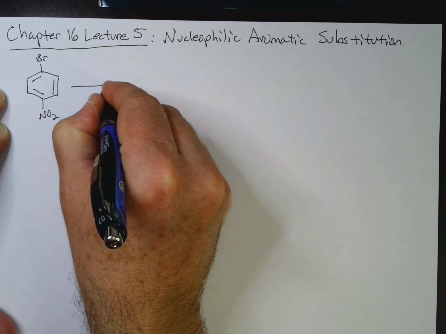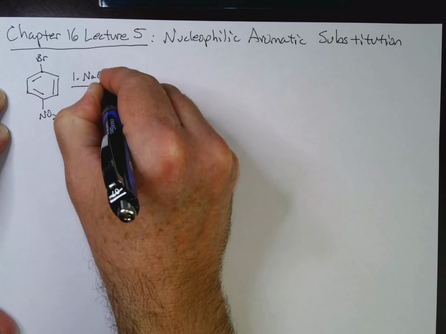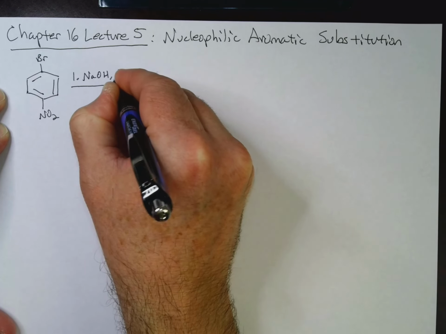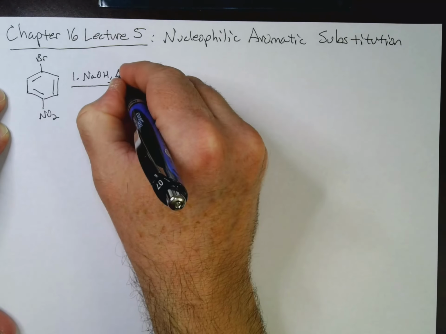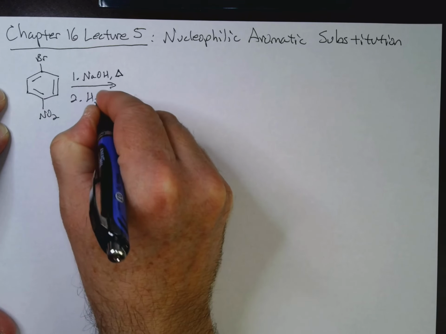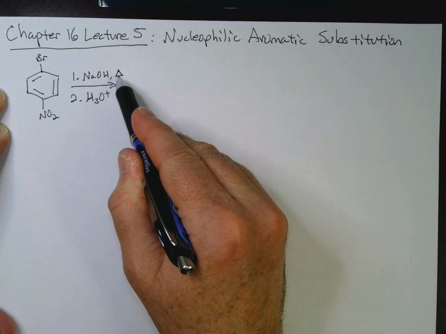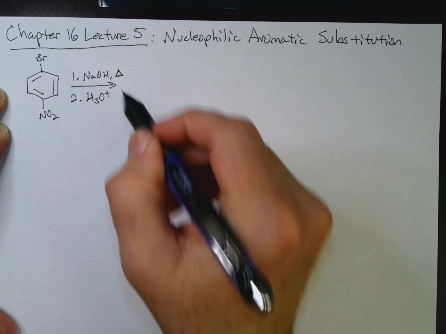Under extreme conditions. What do I mean by extreme conditions? I mean like 350 degrees Celsius and potentially pretty high pressure too. So we really heat this stuff up. What do we get?